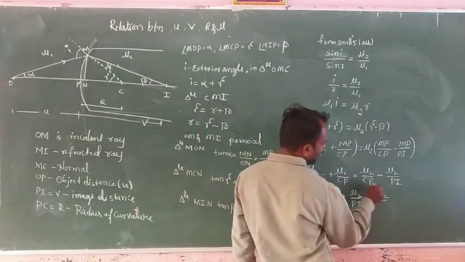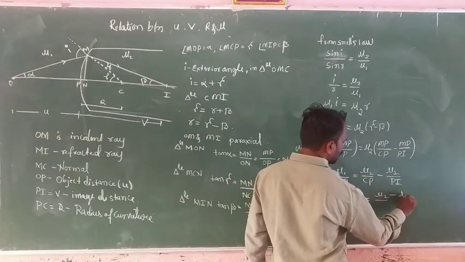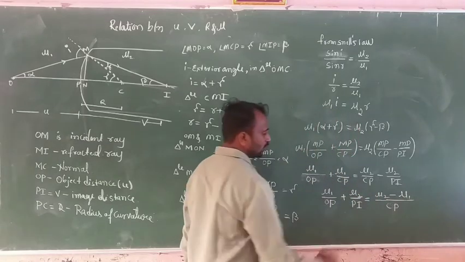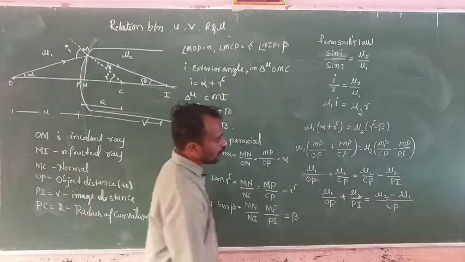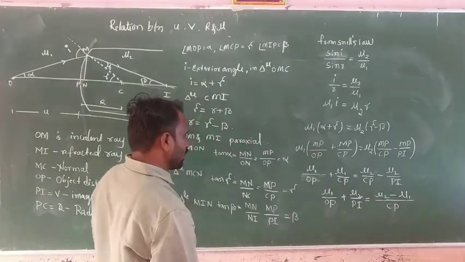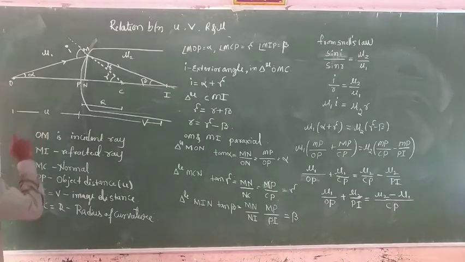So here it is mu2 minus mu1 divided by CP, taking CP as the common denominator. Okay, mu2 minus mu1. We already know OP is the object distance.